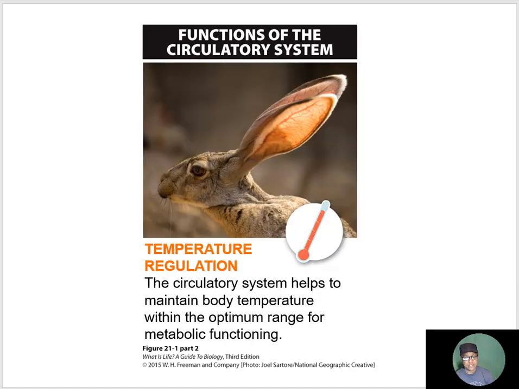But the circulatory system is also used for temperature regulation. So here we have a rabbit that lives in the desert, like a jackrabbit, and you can see that it has very large ears that are very, very vascular. And in this way, the circulatory system can help to maintain body temperature within the optimum range for metabolic function.